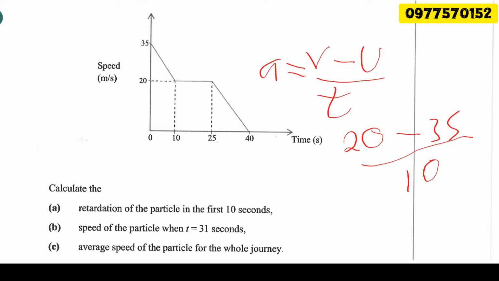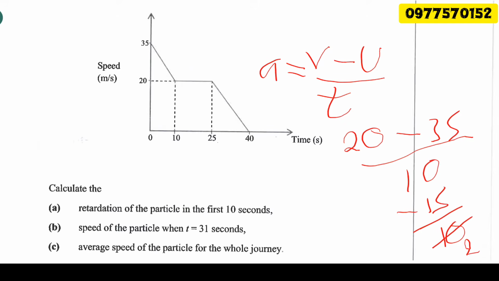10 seconds. So when you subtract 20 minus 35, you're going to find negative what? 15. Negative 15 divided by what? Divided by 10. Alright? Now we have a number which can go into 10 and 15, so you can just reduce this one. 5 into 10 is 2.